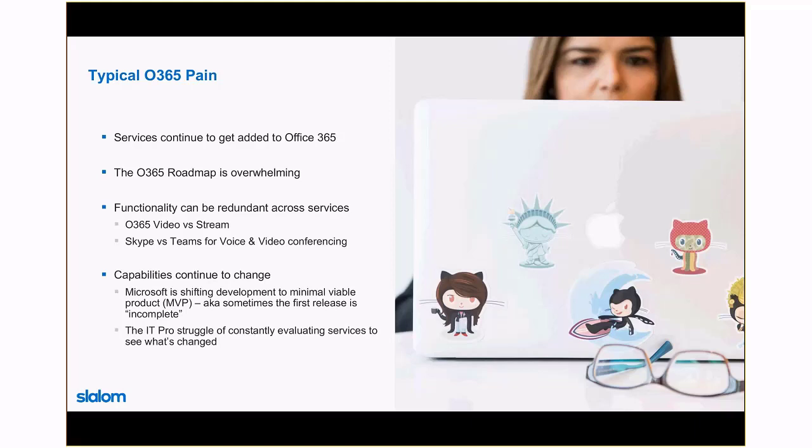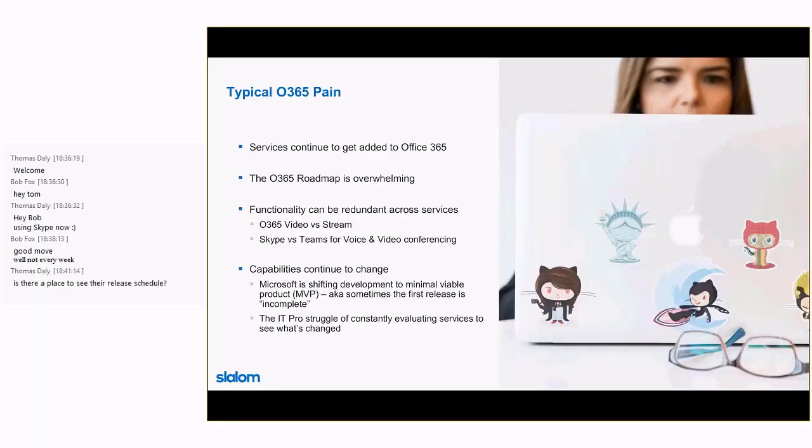And the other thing that I think is even more frustrating if you're sitting there trying to manage this as a service is this new concept of the MVP, and I don't mean the Microsoft professionals, but really the minimal viable product. What Microsoft product engineering feels is good enough to actually release out to users to have them leverage the service.